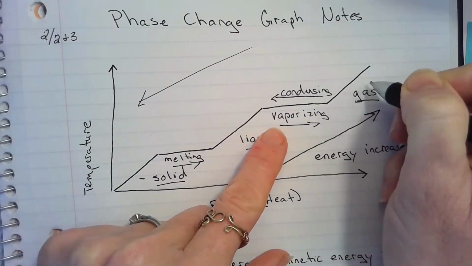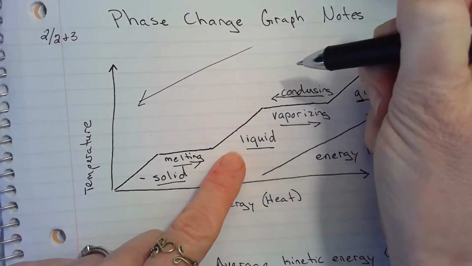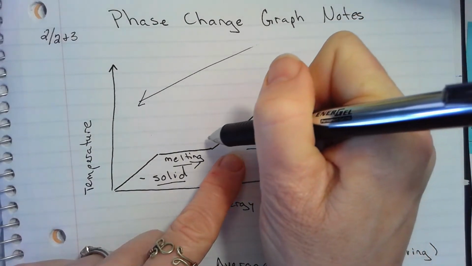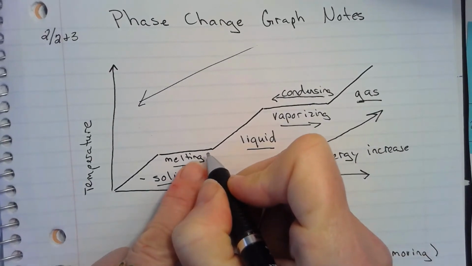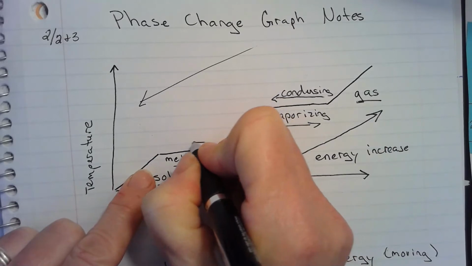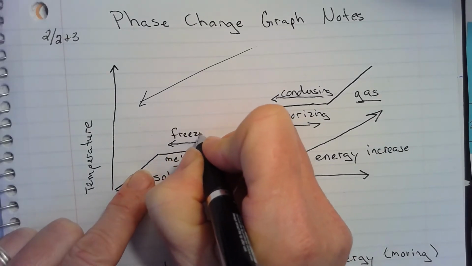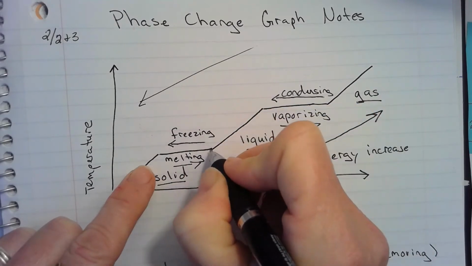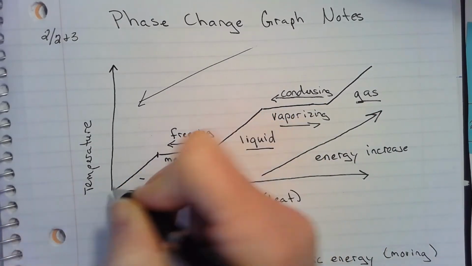It's still a liquid, but now the energy is removed as it cools down, and once it gets to this point, it's no longer melting. This is freezing. Isn't that crazy? At exactly that same point, it's freezing. And then it's a solid.